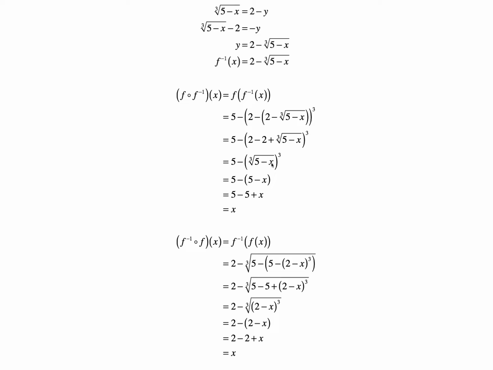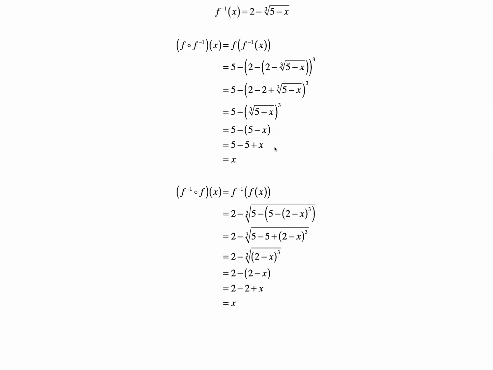The cube root of 5 minus x cubed is 5 minus x. And then when you clear the parentheses, you're distributing the negative through here. So this is -5, and a negative x is positive x. 5 minus 5 is 0, and that just leaves the x, which is the verification that we were looking for.